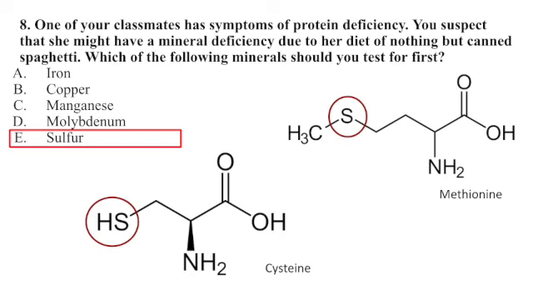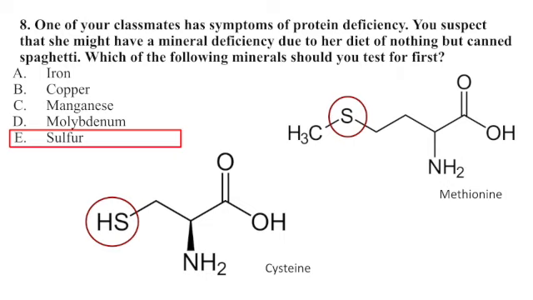So if you think of your carbohydrates, proteins, lipids, and nucleic acids, proteins are the only ones of the macromolecules that actually contain sulfur, and specifically in these 2 amino acids, methionine and cysteine.